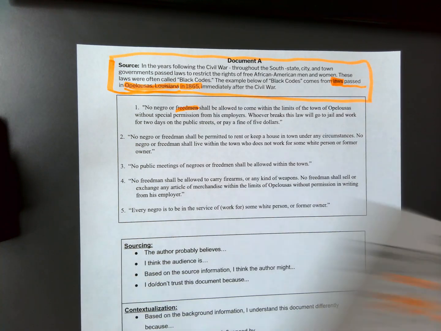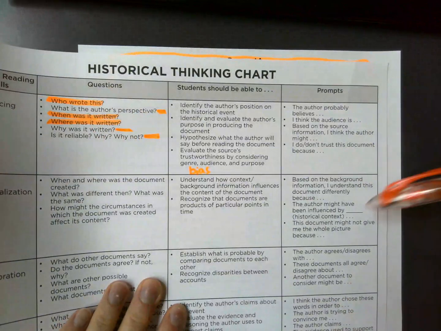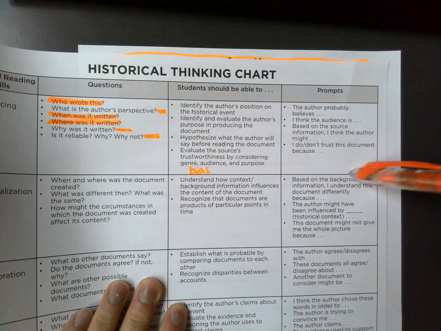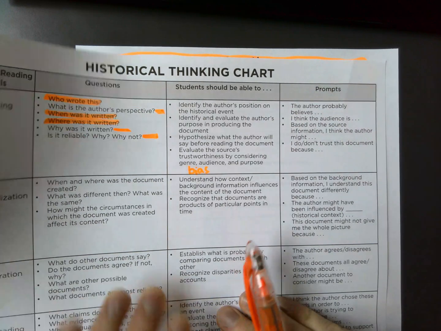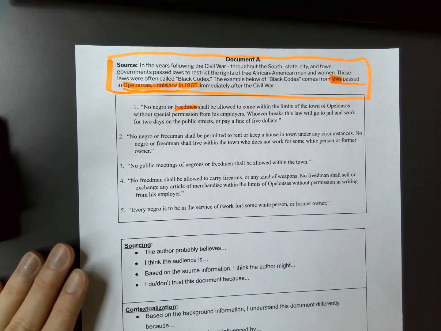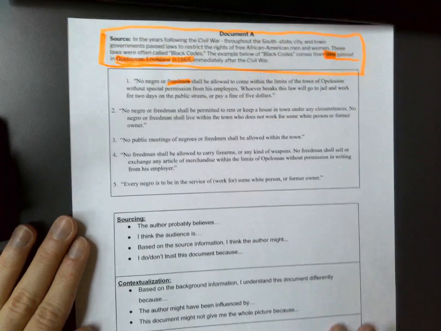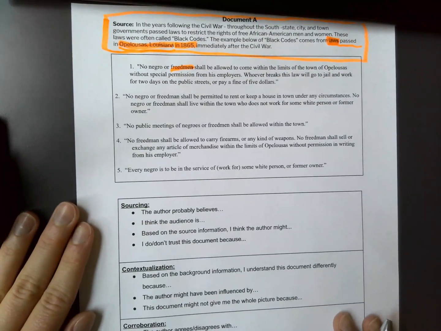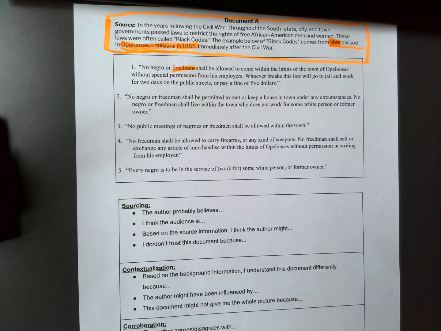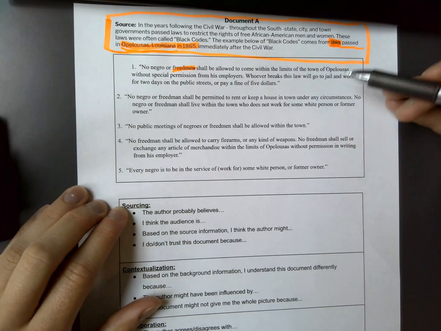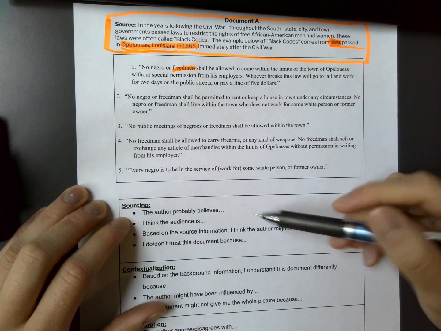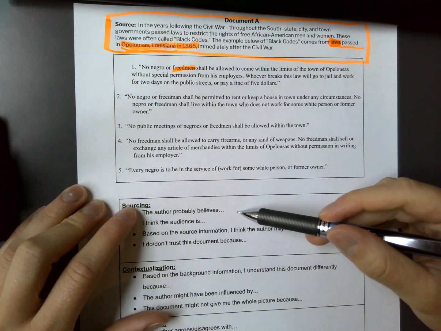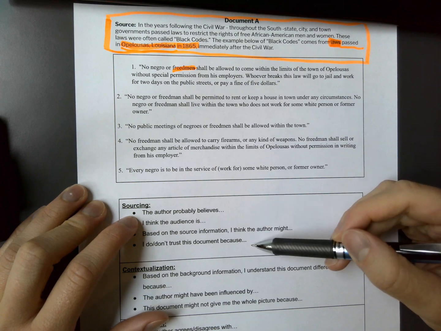So now, if we're looking at the chart, we're going back to our prompts, and I'm going to answer these questions based on this document. So, I have them written down here already, and I'm just going to answer them. So, if I was asking you these questions on a worksheet or something like that, I would want you to phrase them in full sentences like this.